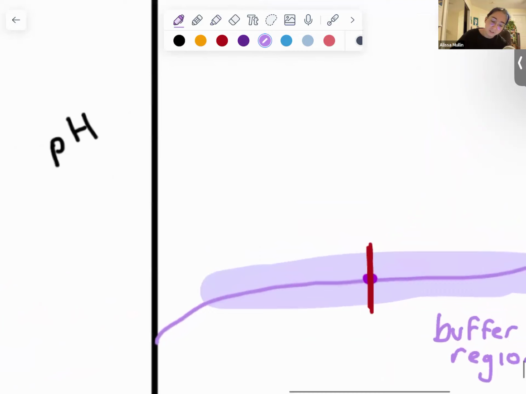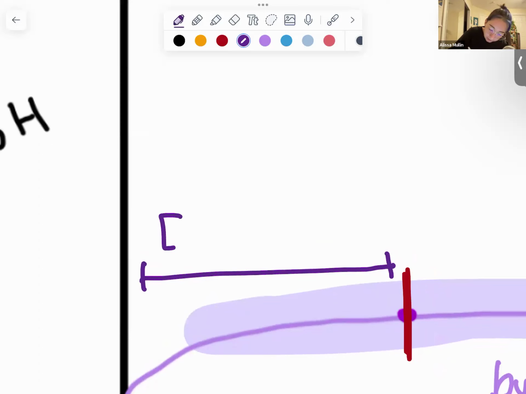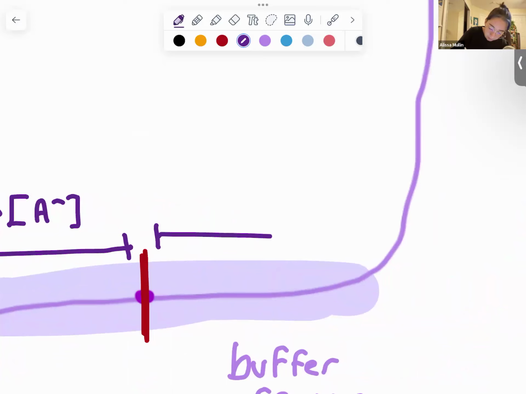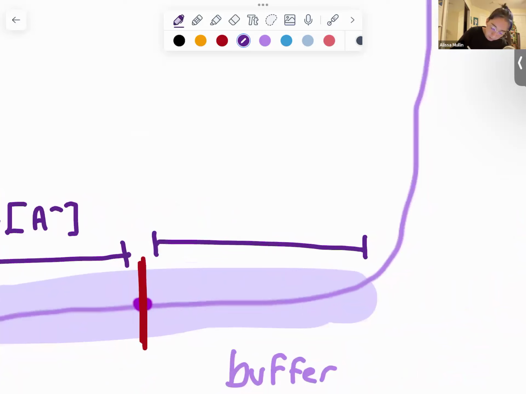So in this region, there's two sections. From here to here, we have our acid being in more abundance. And here we have our acid being in less abundance.